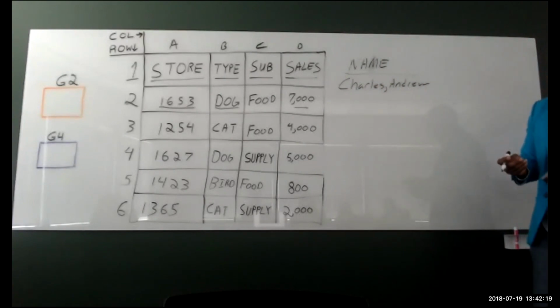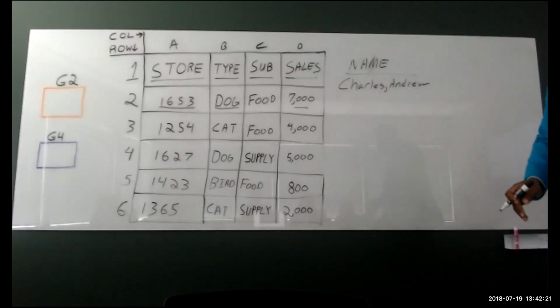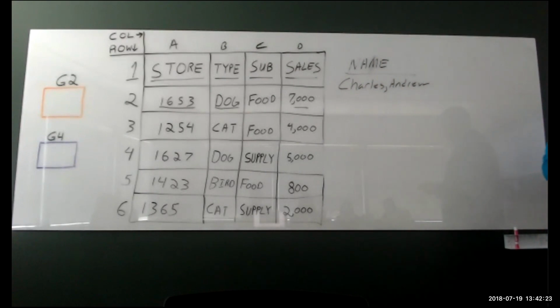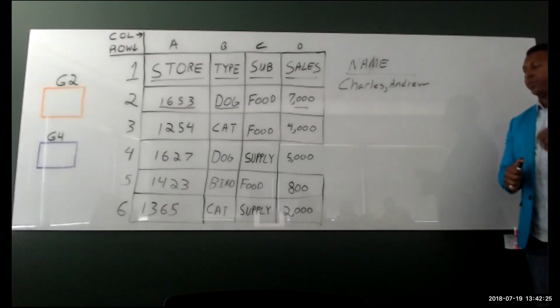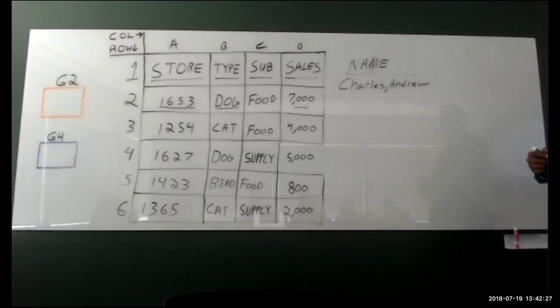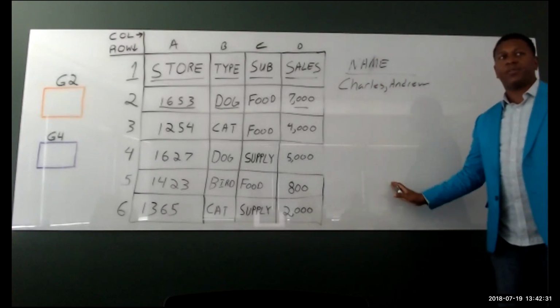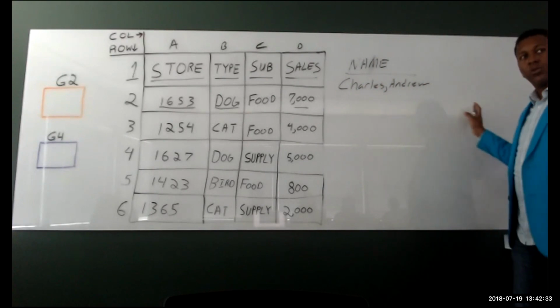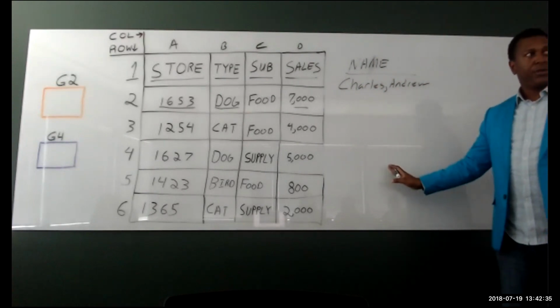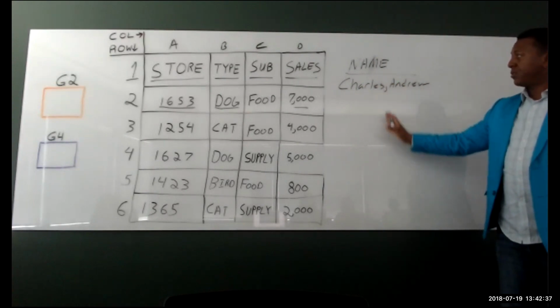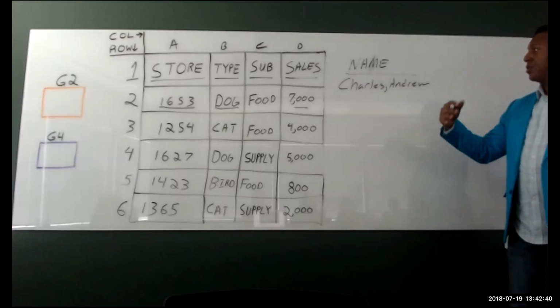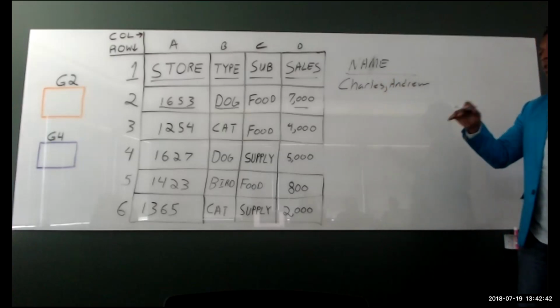What we use is a function inside of Excel called text to column. And I'll show you in just a second as I get back to my computer. But in the text to column, what it does is it looks through a single column of data. It will not look at rows, it will only look at columns. So if you have a single column of data, you can go through the text to column functions, and it'll walk you through how to do it.